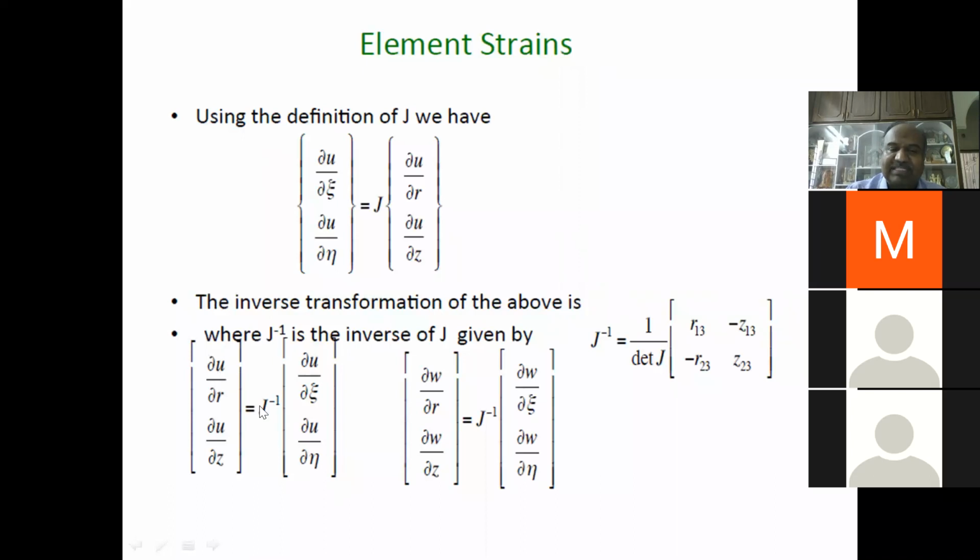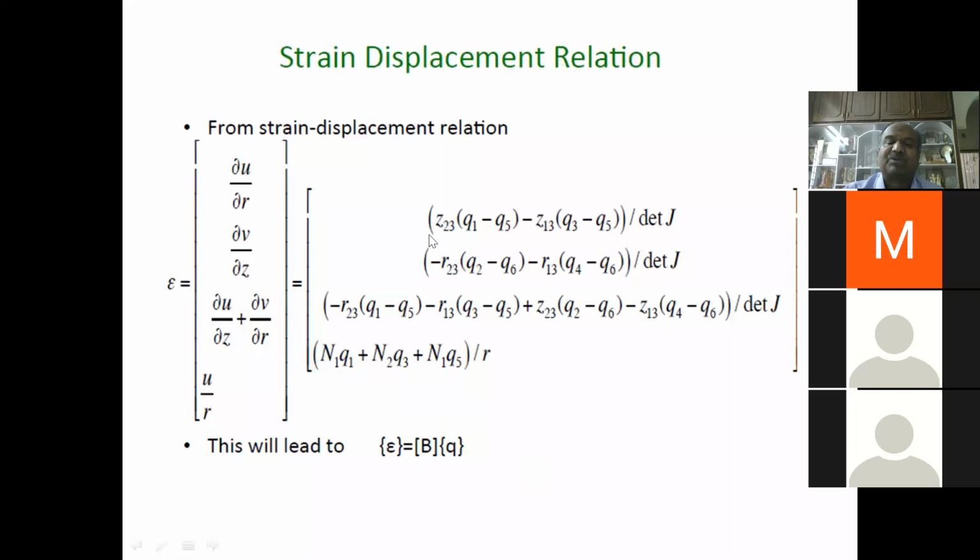Dou u by dou r is the Jacobian inverse, whatever you have, first row into the column of this. Similarly, if you want dou w by dou z, it is the second row into this column, right? Once you do so, you can substitute here the radial strain in terms of z and q's, and r's and j.